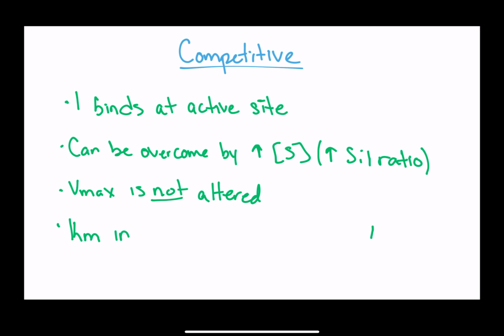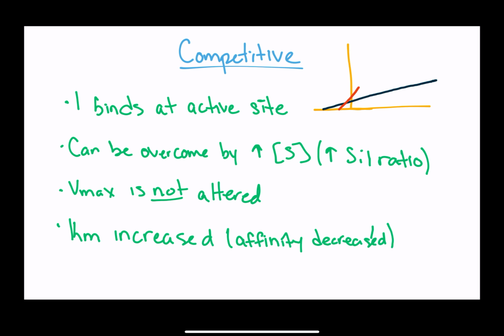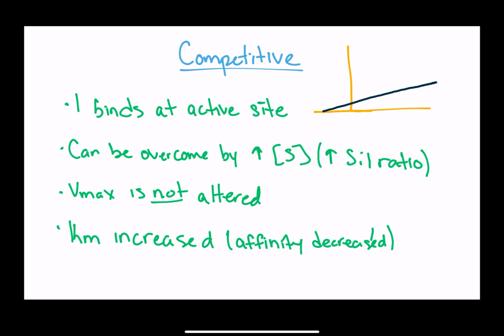And so if we are to look at this in terms of a Lineweaver-Burk plot, so we'll have this here. If this guy here is the uninhibited enzyme, then this right here is what this type of inhibitor will look like.